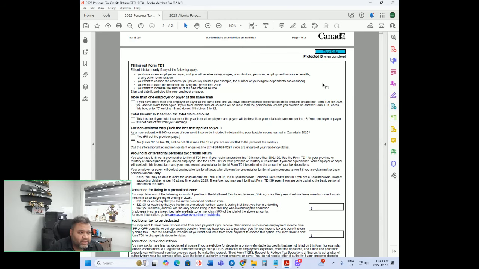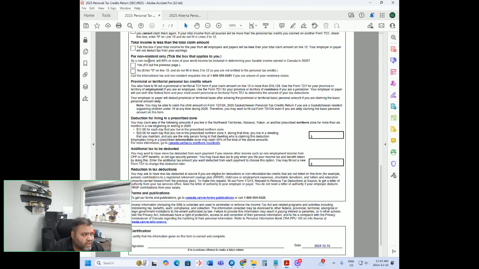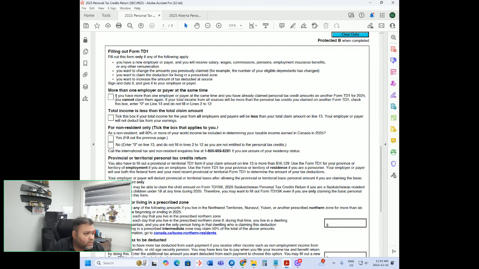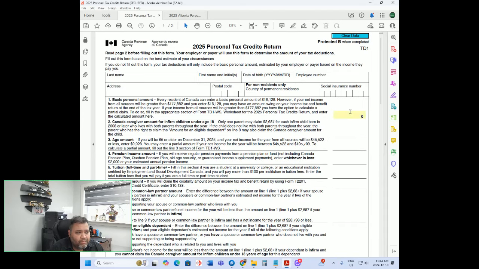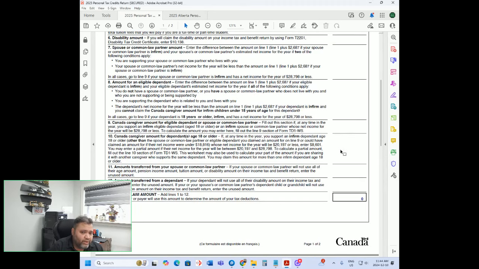Very important, on the second page there is a section called more than one employer or payer at the same time. You are going to be checking this box. Yes, it's not a payer at the same time, but still you're going to be checking this box. So what you're saying is, I've already used up my basic personal amount with my other employer.